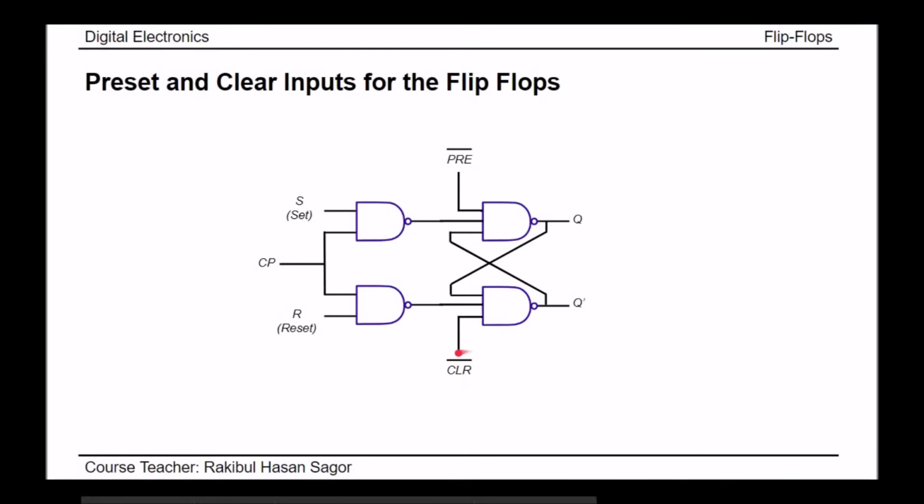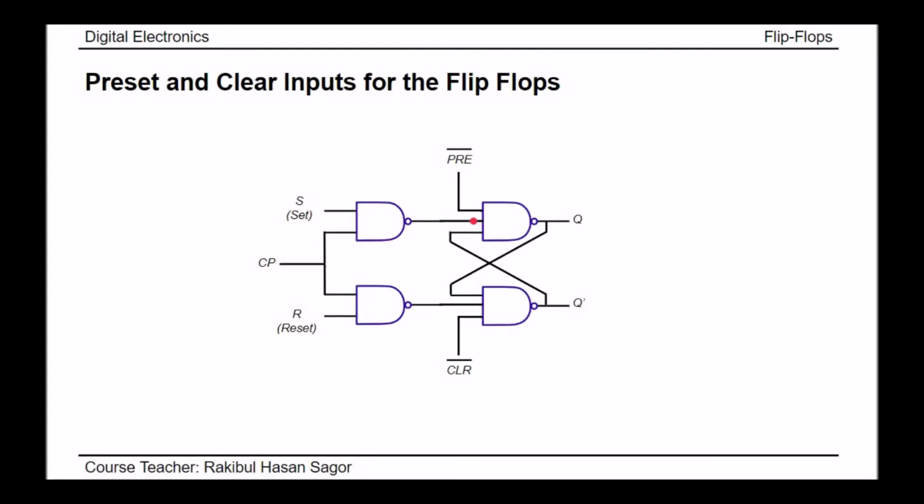Again, when the clear input is activated, which means we are giving 0 input at clear, keeping preset equal to 1, one of the inputs of this NAND gate will be 0. So what is the definite output of Q prime? Q prime will be 1. If Q prime is 1, we have 1 here, preset equal to 1 here, and as the clock pulse input is 0, or we are not considering this input, these inputs can be taken as 0 input.